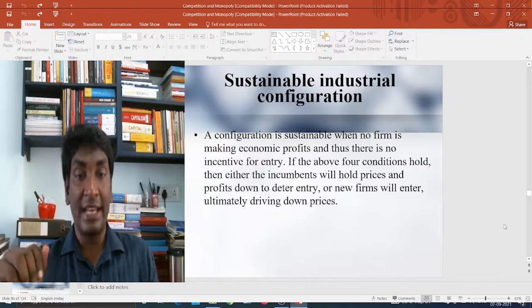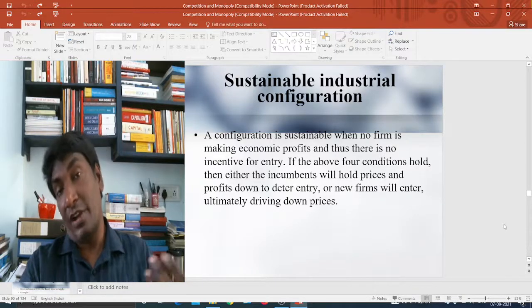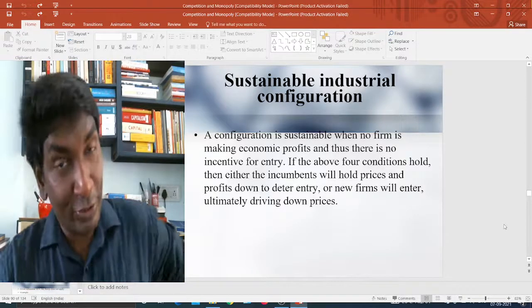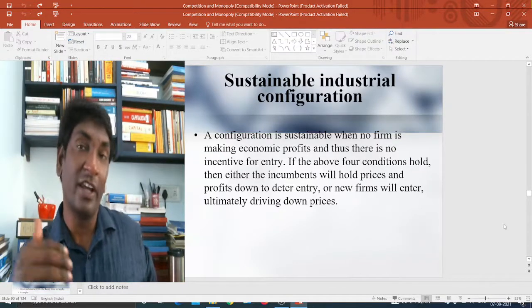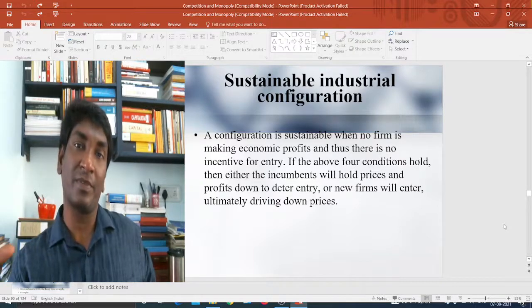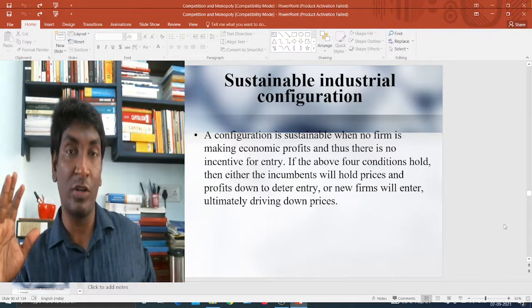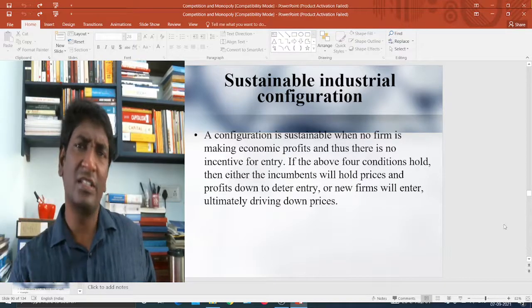Or a new firm will enter, ultimately driving down the price. Now, driving down the price is not going to lose, as I said in the beginning, because in monopolistic competition, sorry, when you talk about all these kinds of market structure, especially oligopoly and monopoly, no firm, it's an illusion.